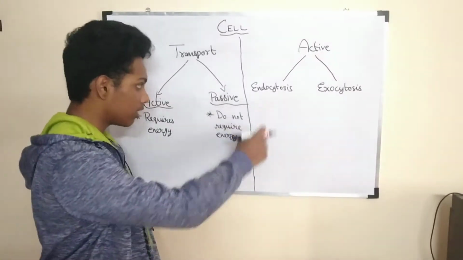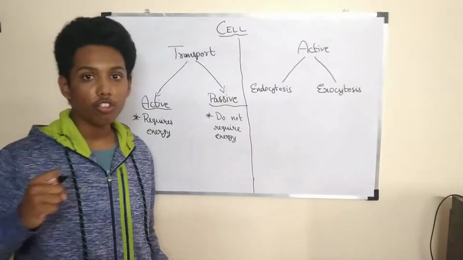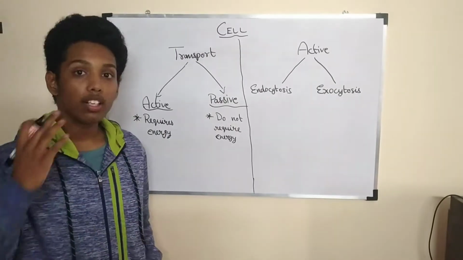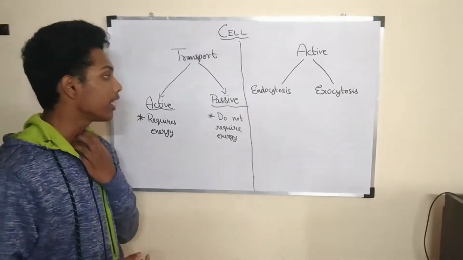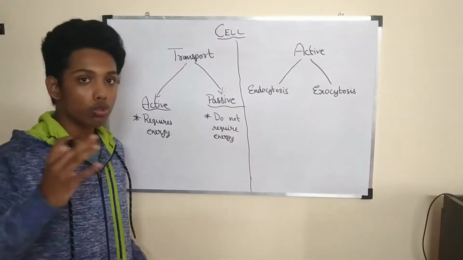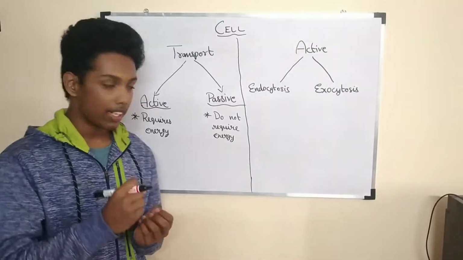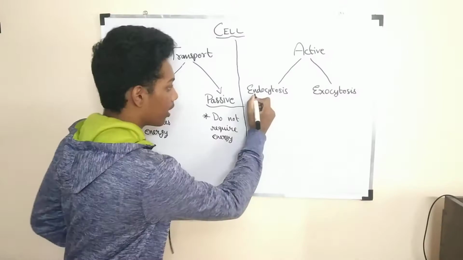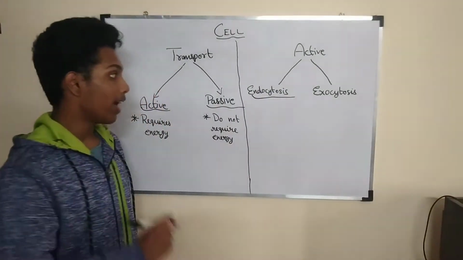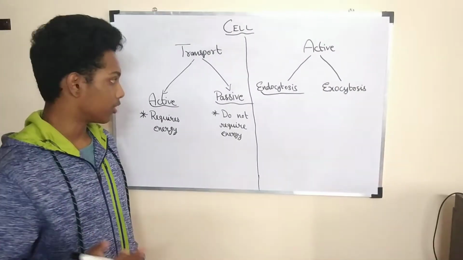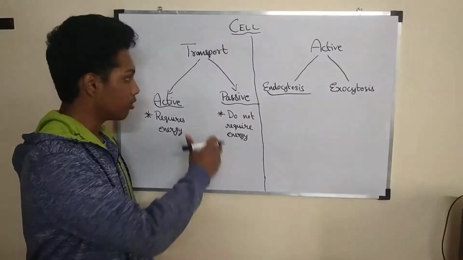Endocytosis is the ingestion of particles by an organism. Like you can say an amoeba with its pseudopodia engulfing a food particle, right? This process, engulfing a food particle, is known as endocytosis. While exocytosis is the complete opposite of it.